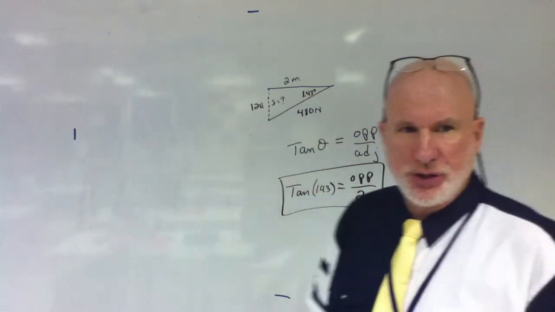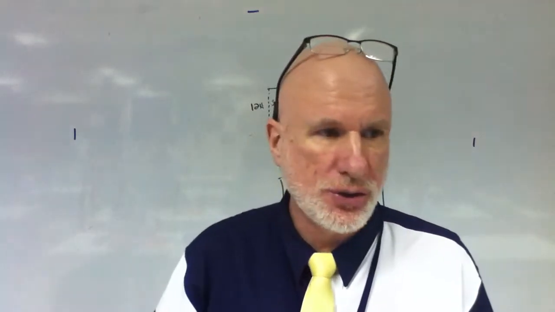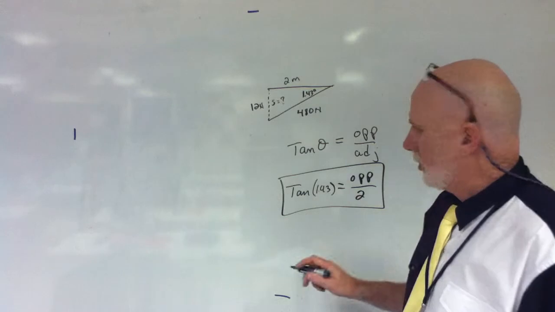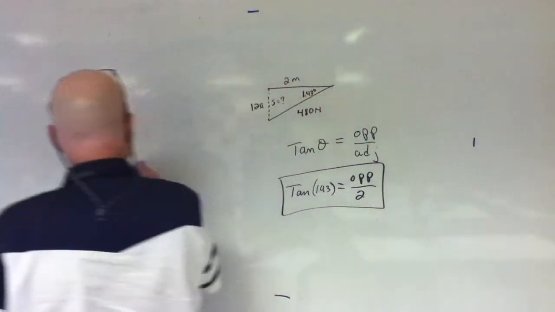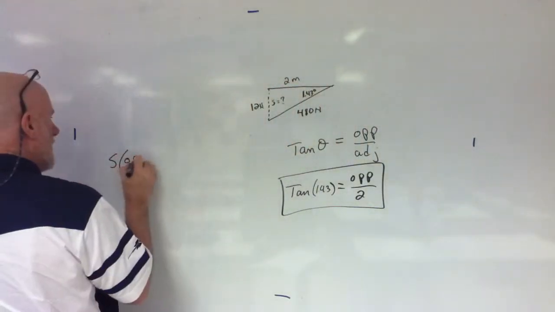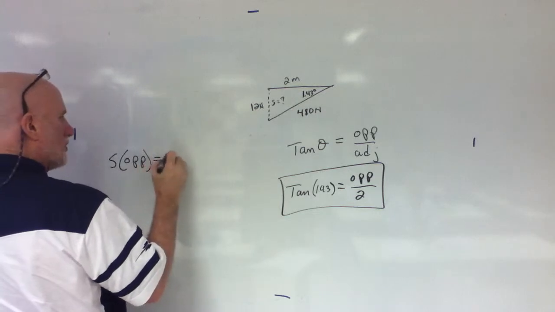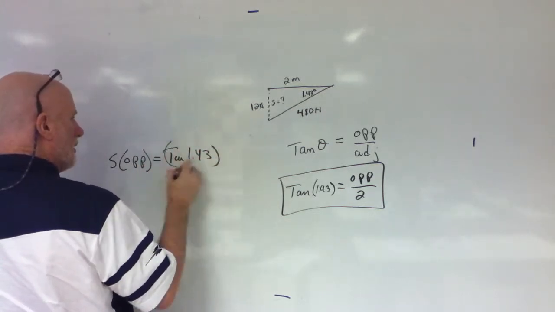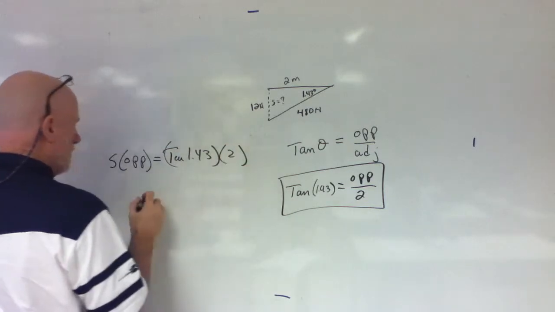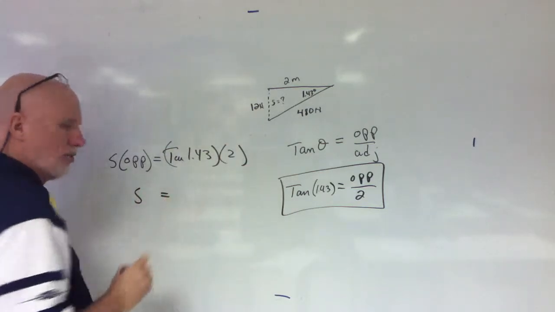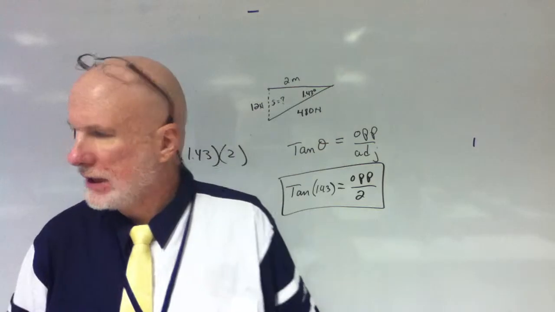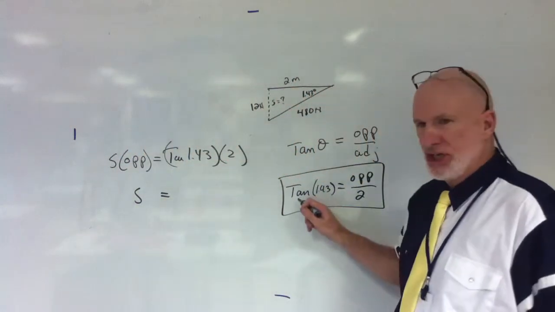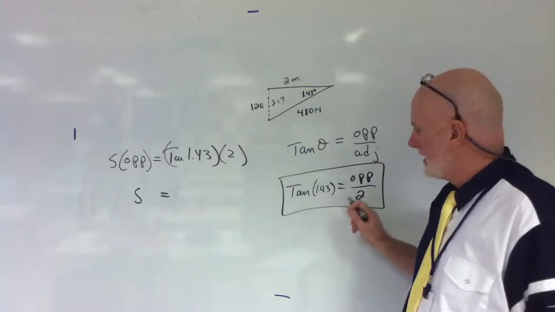So what is 2 times the tangent of 1.43? The sag, or the opposite, equals tangent 1.43 times 2. So what's the side going to equal? What is tangent 1.43 times 2?